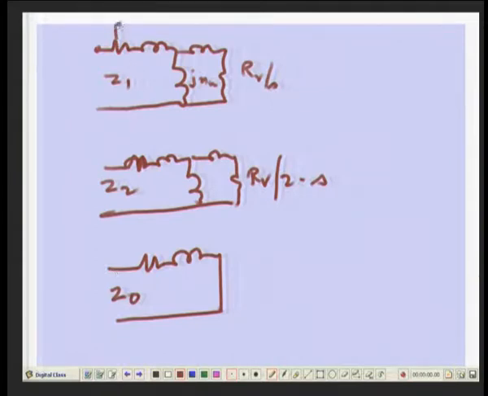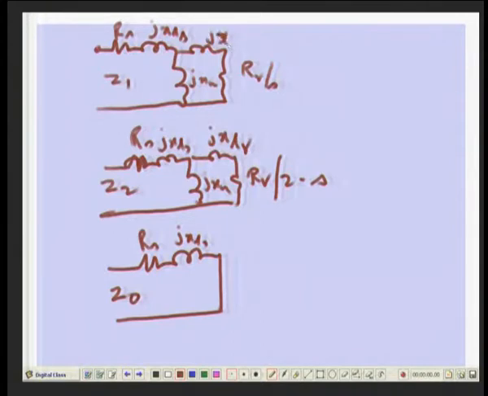And this is same RS, JXLS, JXM, JXLR. Okay, these are the things we know already.